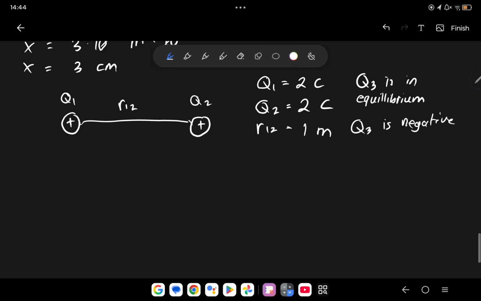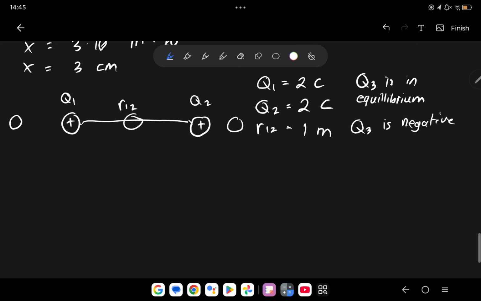Let's imagine 3 cases. The first case, Q3 is to the left. The second case, Q3 is in the middle, and the third case, Q3 is on the right. Which one of these cases holds true for Q3 to be in equilibrium?